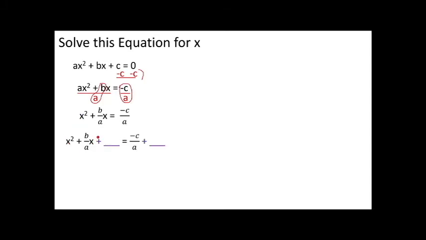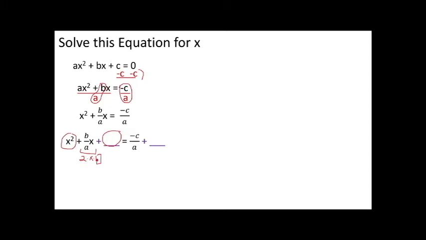That means I need to make it so that this is a perfect square, and this is 2 times the roots. Notice this is x squared. That's easy. The question is, 2 times what gives me b over a?